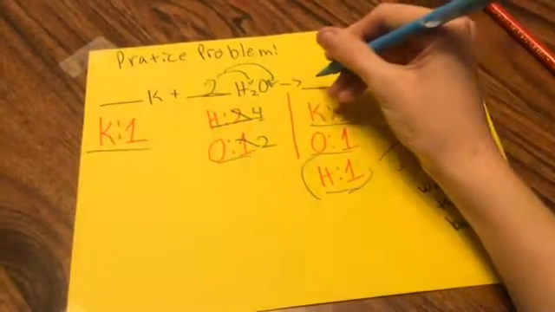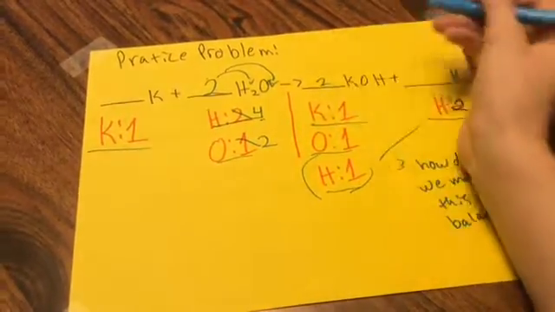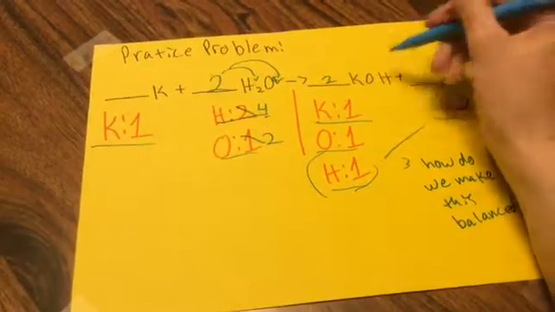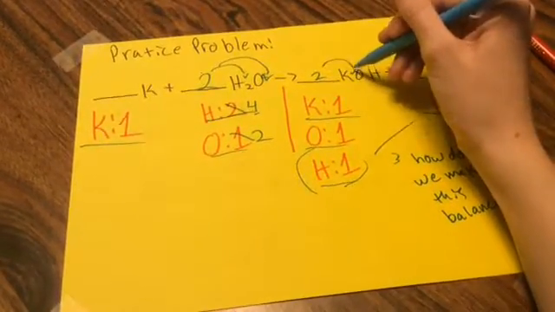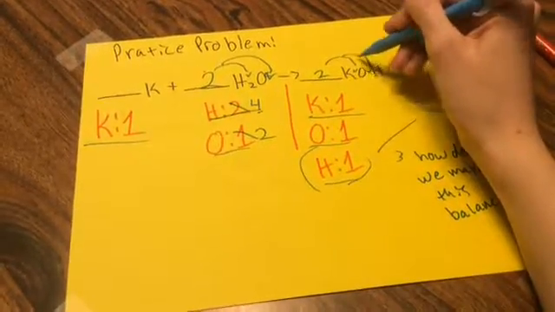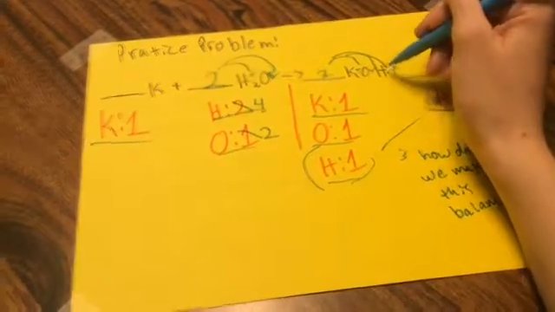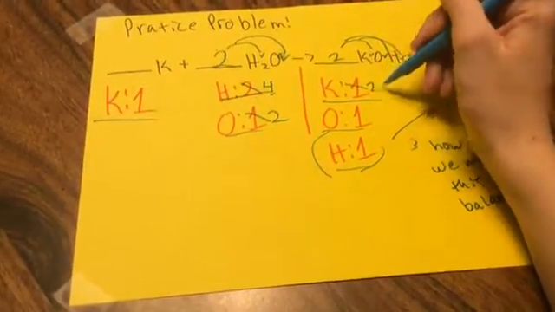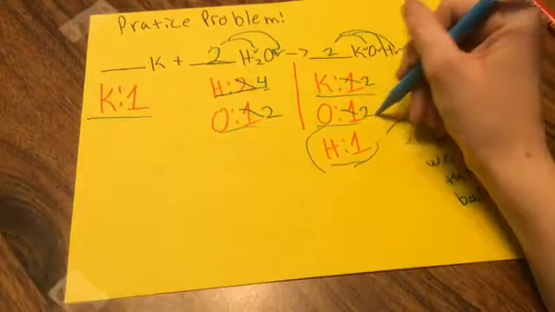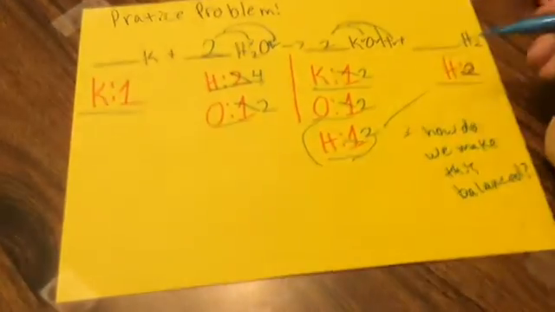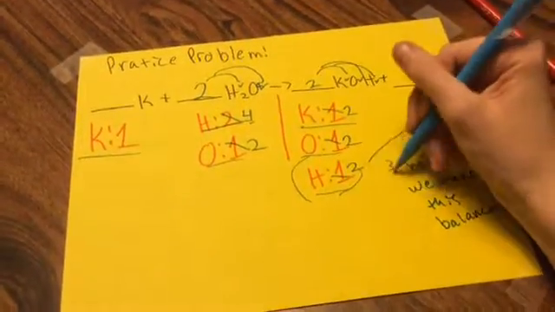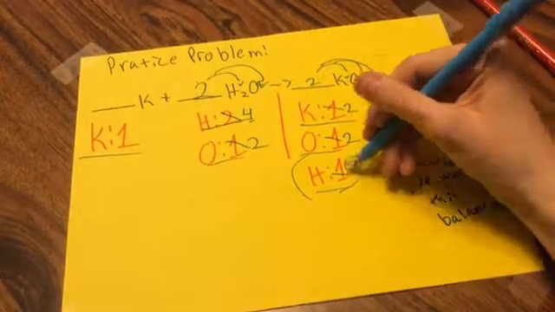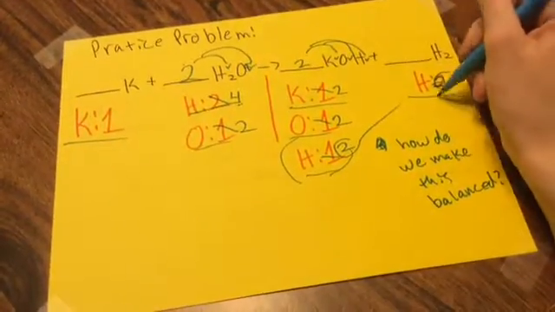So put a 2 here because usually it's easier to start with 2 as the coefficient. So now this is 2, this is 2, this is also 2, and there's a 2 up there. So 2. Now this is 4. Equals 4.